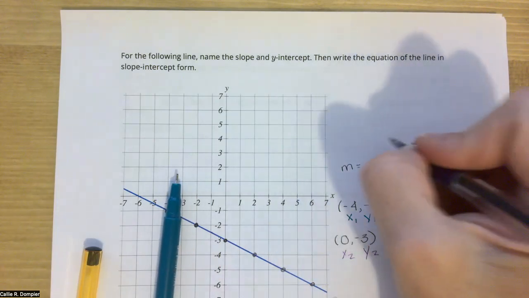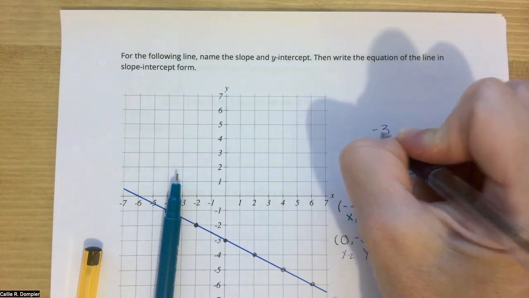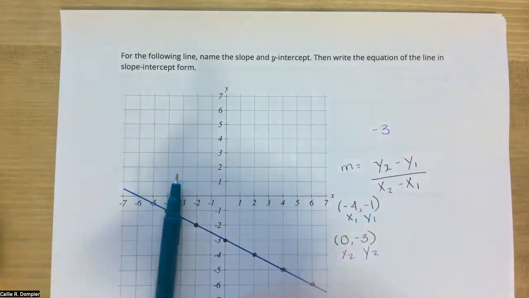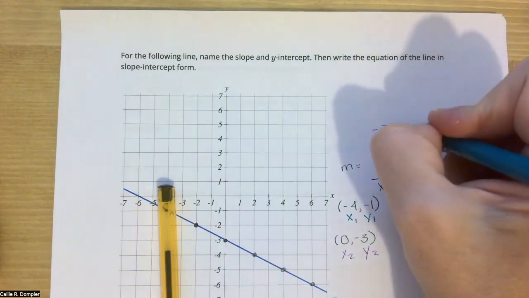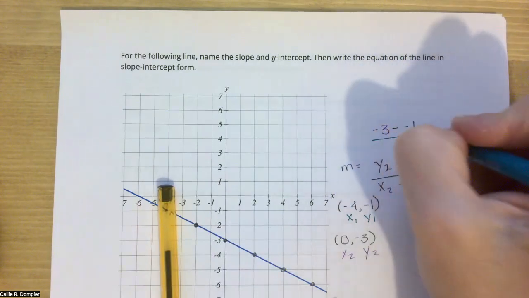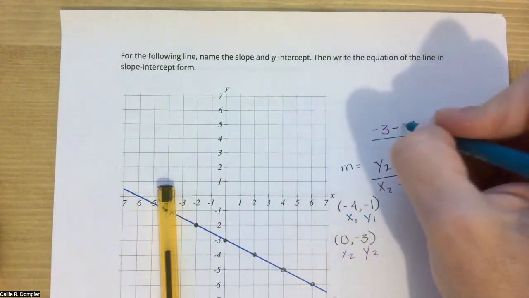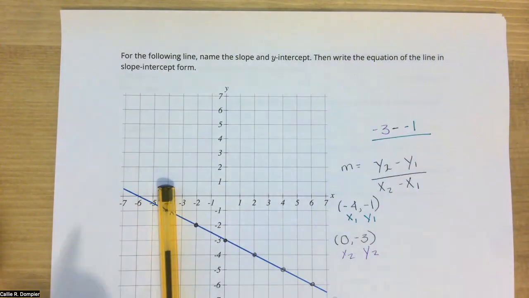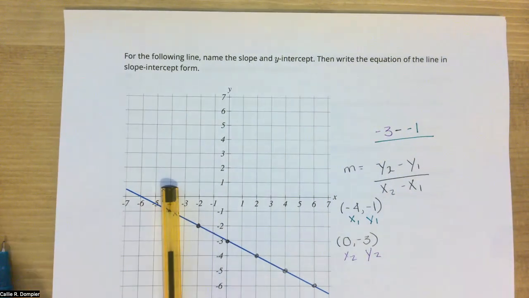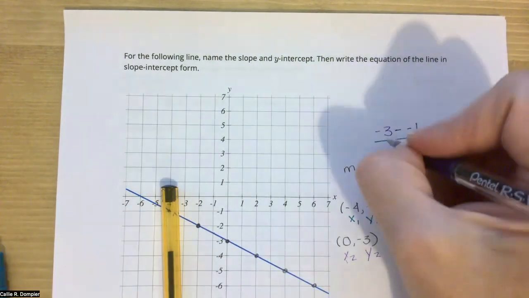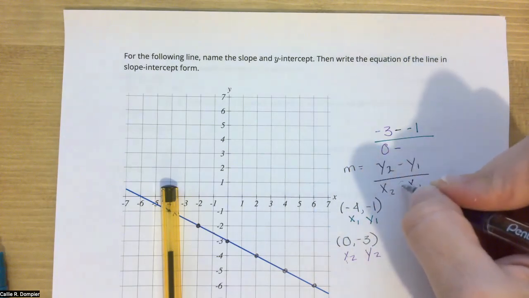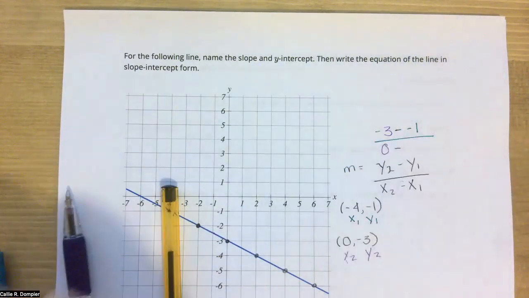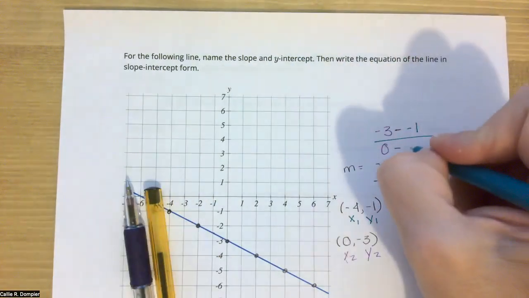So my y2 is -3. Keep that minus sign. My y1 is -1. See how I have 3 minuses now? I have the -3 and the -1 and the minus sign from the equation. And then x2 was 0. Keep that minus sign. And then x1 was a -4.